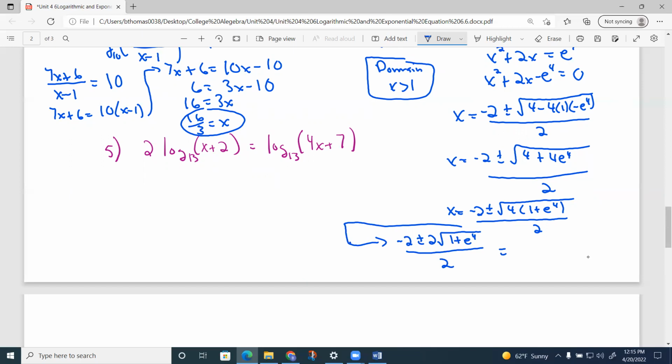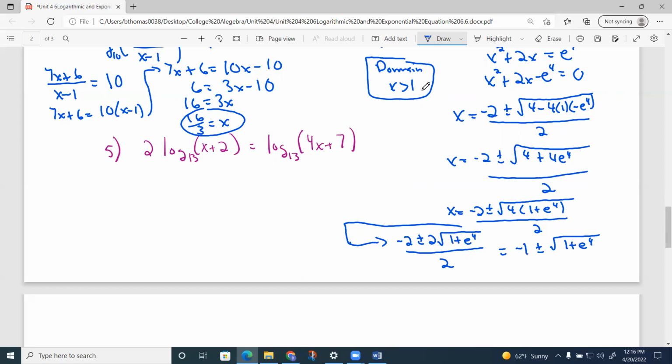And then we have to separate that as 2 separate fractions. So negative 2 over 2 is going to be a negative 1, plus or minus, and the 2's will separate out on the second one. So 2 square root of 1 plus e to the 4th over 2. The 2's will divide out there to give me the square root of 1 plus e to the 4th. But notice again how we had a domain restriction.